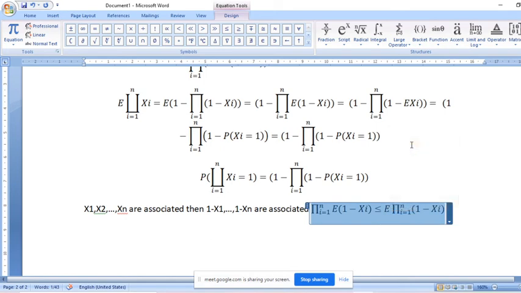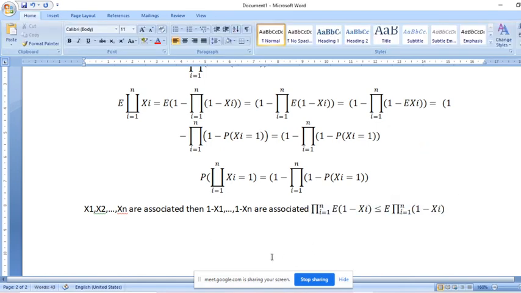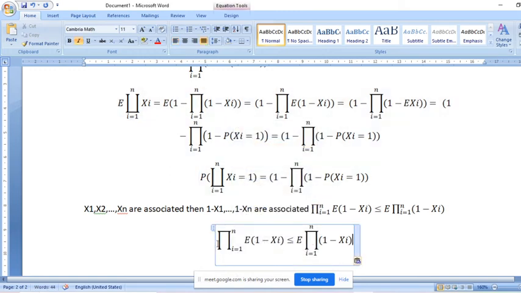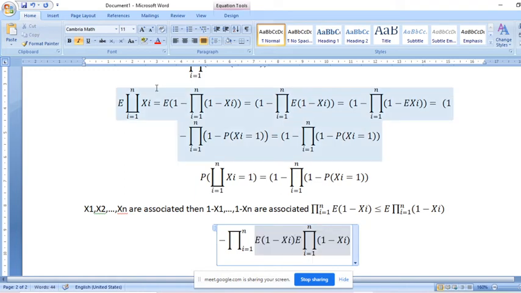Multiply both sides with -1, so this will become greater than or equal to.